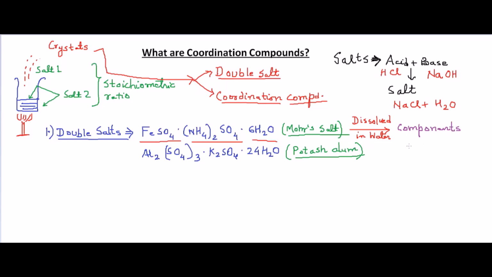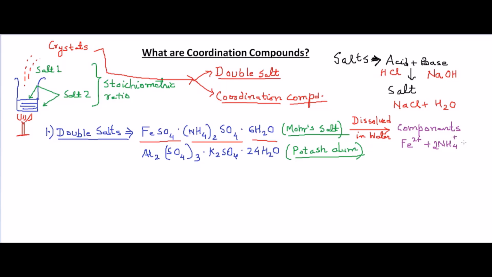So if we dissolve Mohr's salt in water, then what will we get? We will get ferrous ions and ammonium ions. There's one iron, so one ferrous ion, and then there are two ammonium ions.